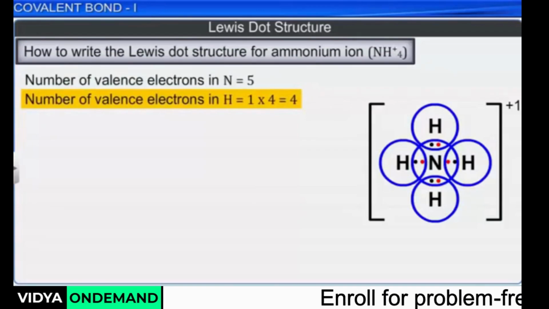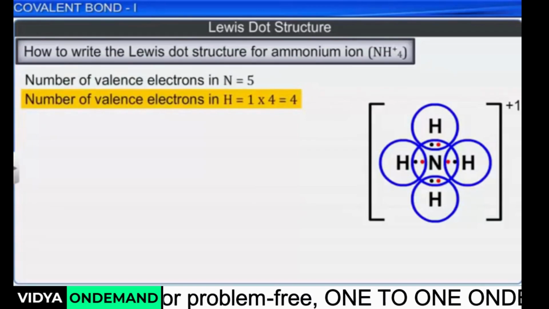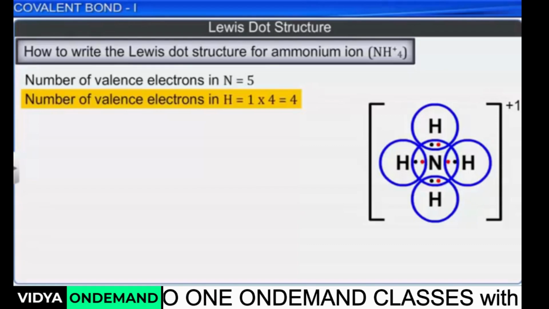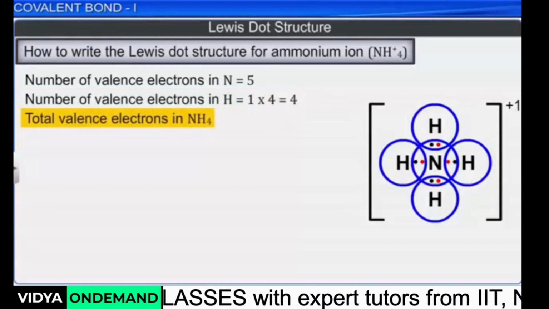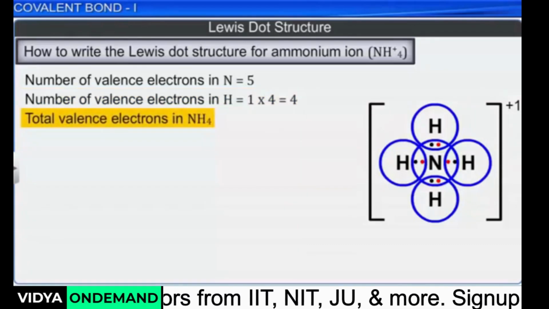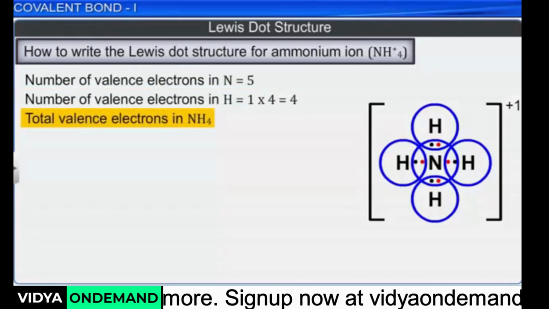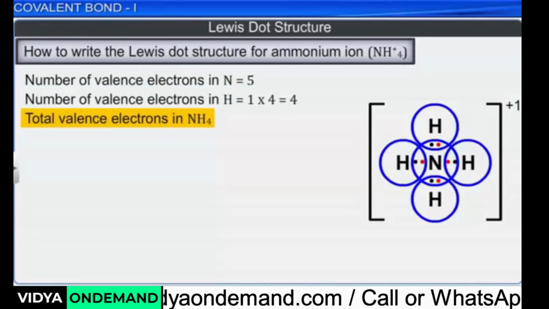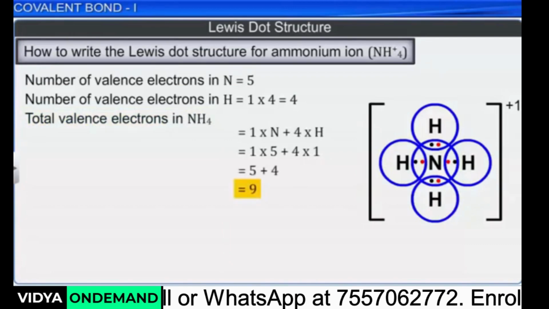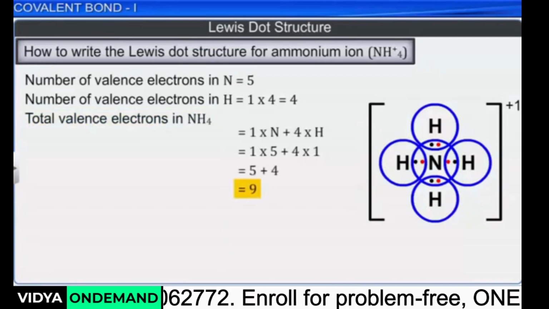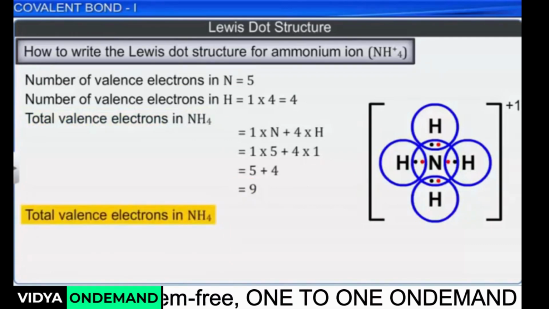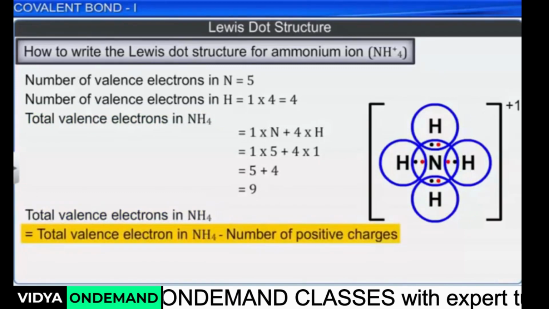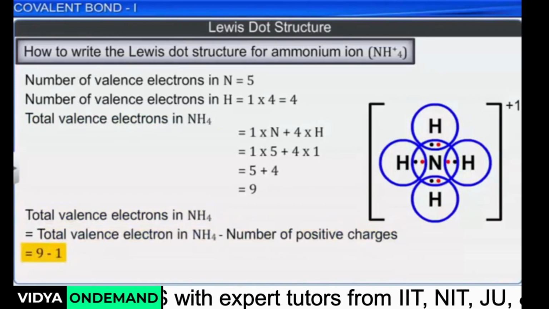And as 1 positive charge is present on the ammonium ion, subtract 1 from the total number of valence electrons present in nitrogen and hydrogen respectively. That makes it 9. Hence, in the ammonium ion, the total number of valence electrons is 9 minus 1 equals 8.